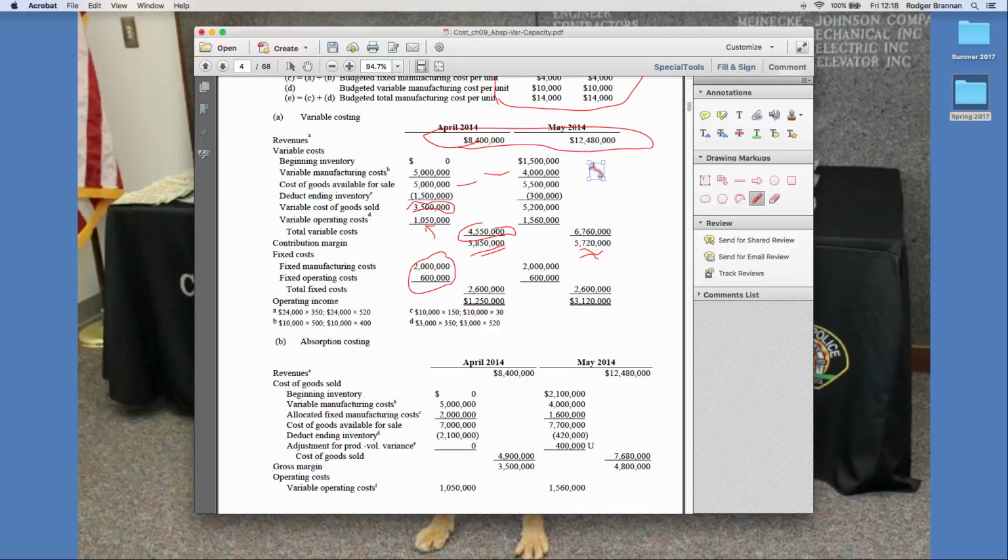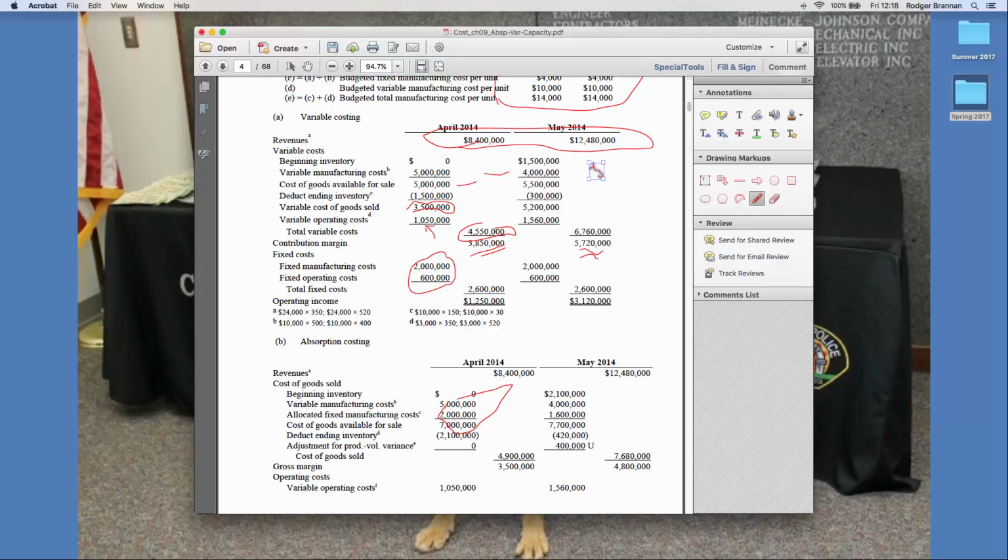Again, revenues are revenues. So it says beginning inventory 0. The two costs that are added here are my variable manufacturing costs, like I did above, and all of my fixed manufacturing.